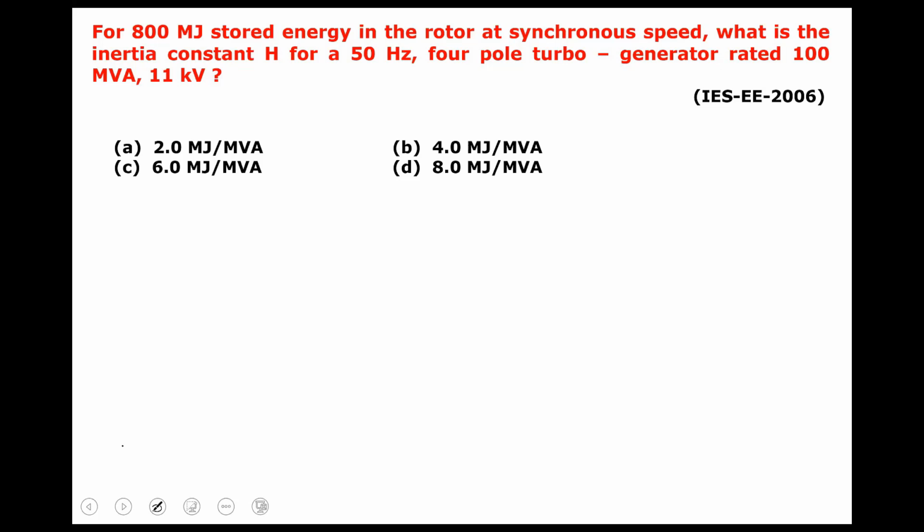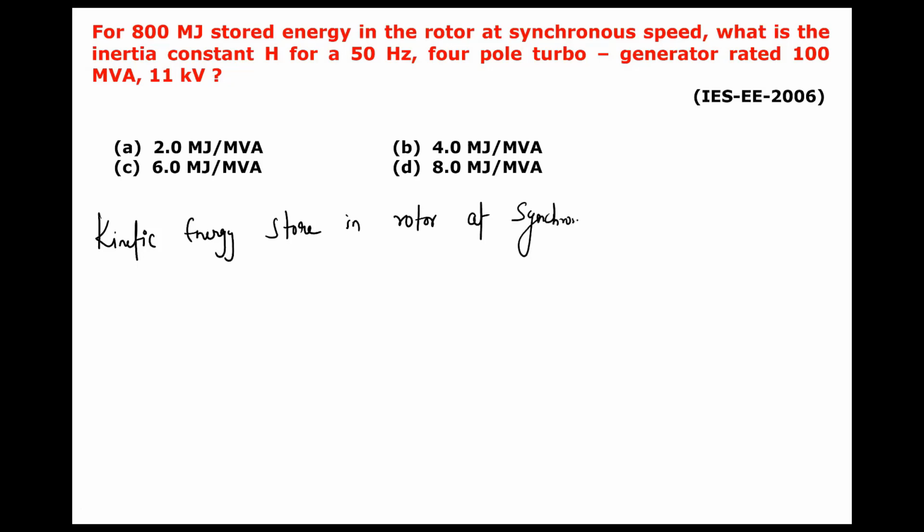So what he's telling, the kinetic energy stored in the rotor at a synchronous speed is 800 megajoules. The MVA rating of the machine, S value, is 100 MVA. Okay. Now it is very simple. What he's asking is the H value of the machine.